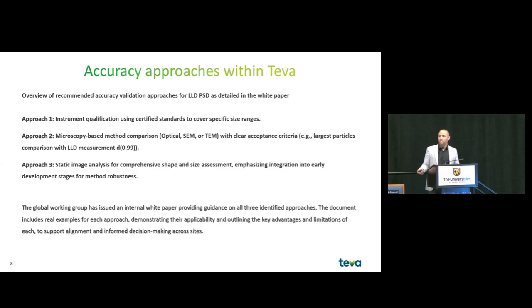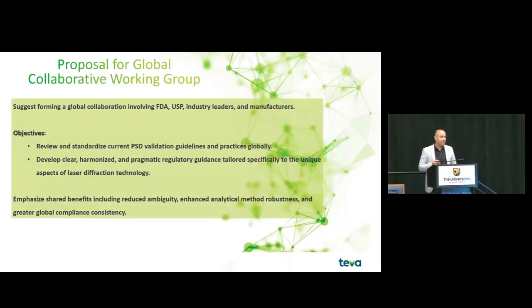So what we decided to do is to take all these 3 methods and write a white paper summarizing the 3 approaches and send this to all other sites. This is the way that you can select, depending on the technology that you have, the particle size that you have, or the standards that are available. And it is acceptable so far, so we are happy with it.